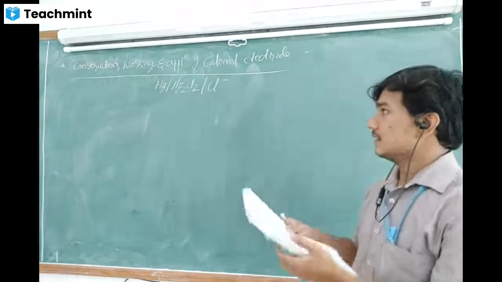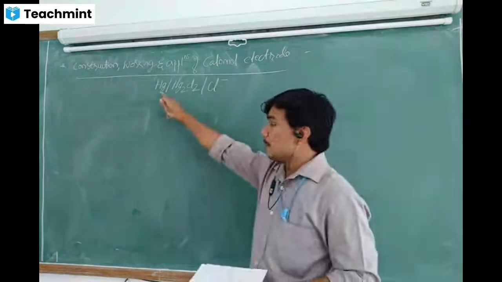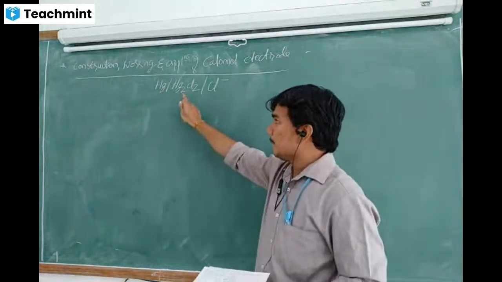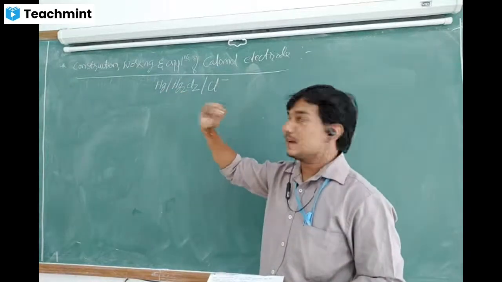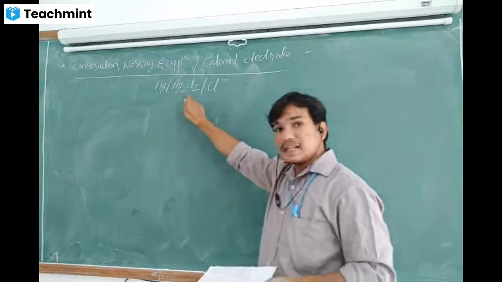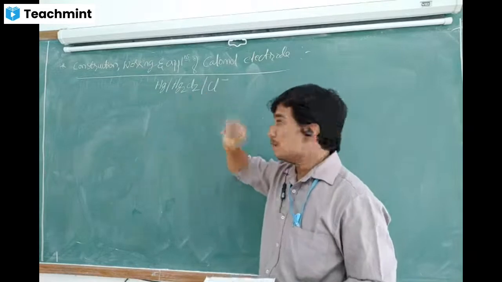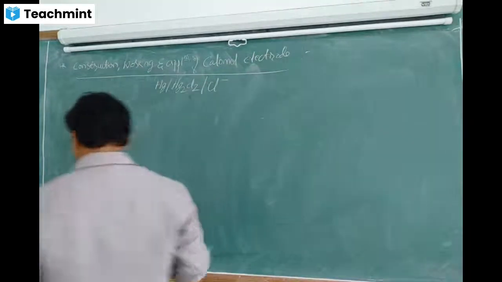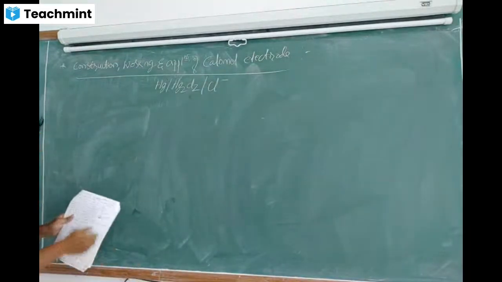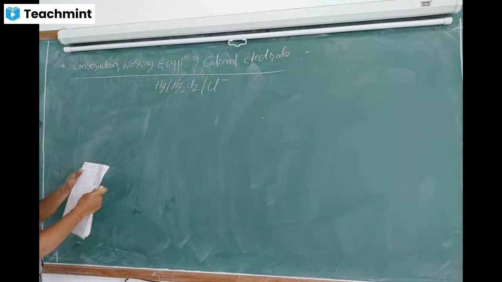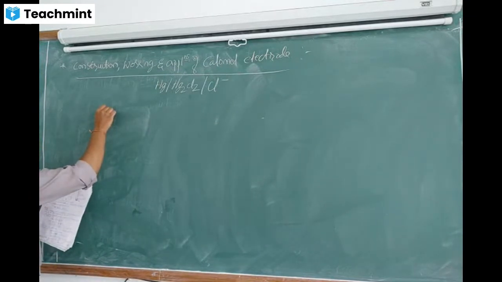Yes. It is a metal, not metal ion. It is a metal salt electrode. Metal salt ion electrode. Okay. So simultaneously, you also draw this diagram, calomel electrode.